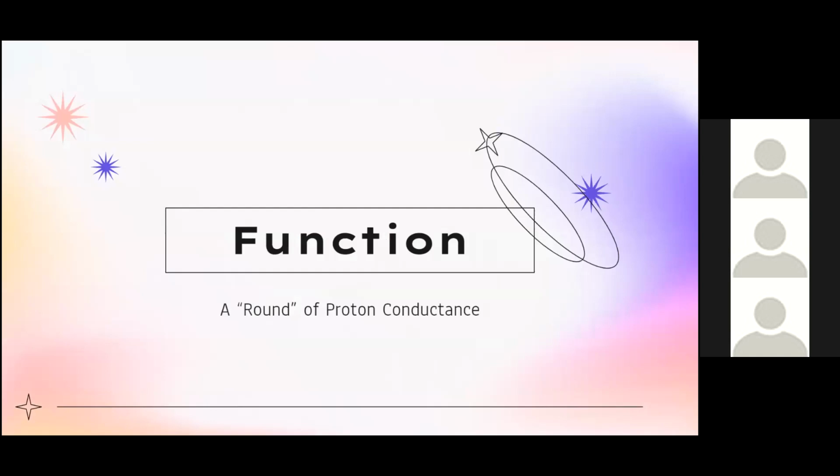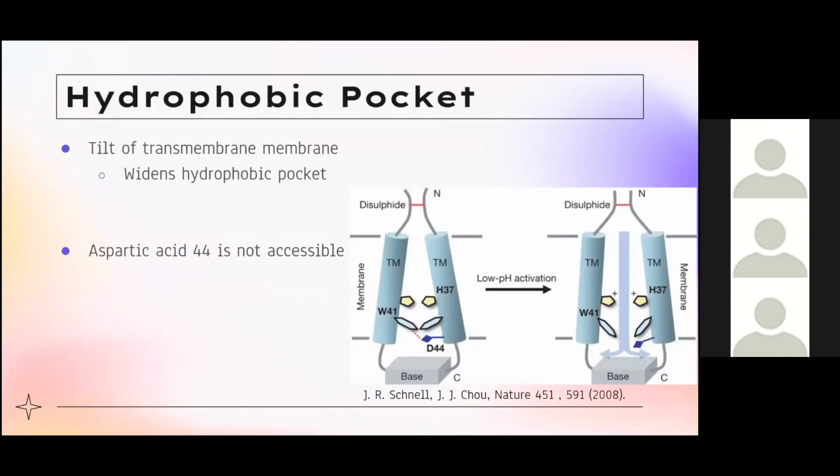All right, and now on to the function of how this works. So first off, this is what we're going to be looking at. The hydrophobic pocket is an area that was once thought of as where rimantadine, an antiviral drug that treats influenza A, binds in the transmembrane helix, which contains an aspartic acid hidden at the bottom. It's that D44 on that structure.